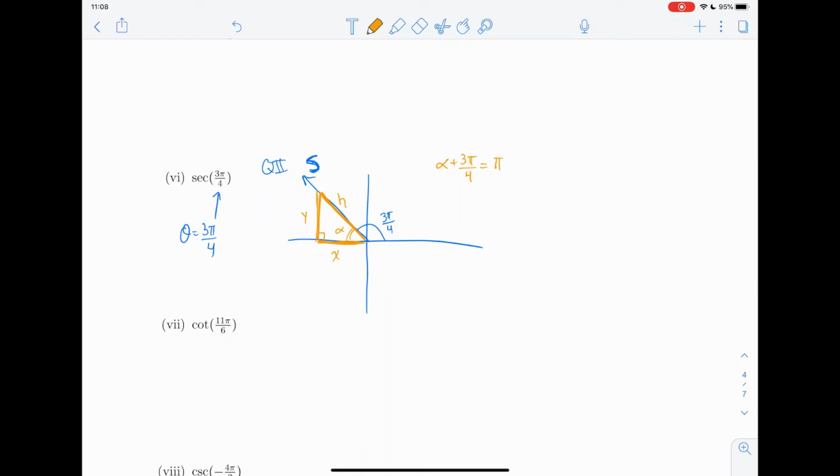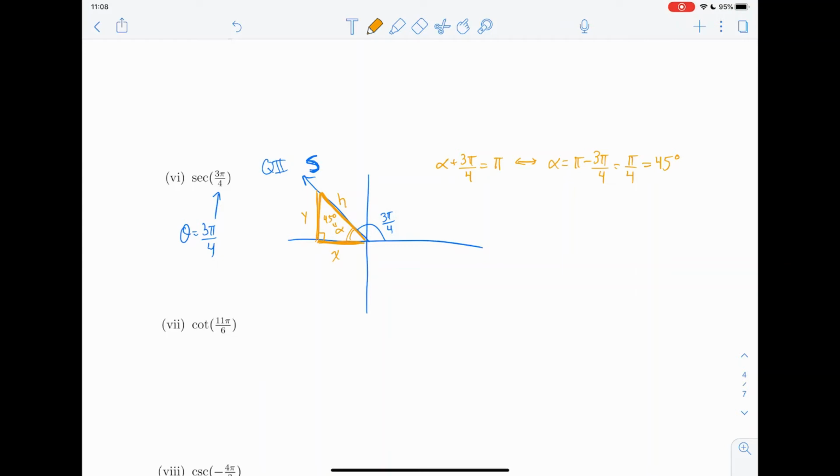That's the full half turn. So if I solve for alpha, alpha is going to be pi minus 3 pi over 4, which is going to be pi over 4, otherwise known as 45 degrees. So now alpha is well known. Alpha is 45 degrees. What that means is that this reference triangle is now magically a 45, 45, 90 triangle.